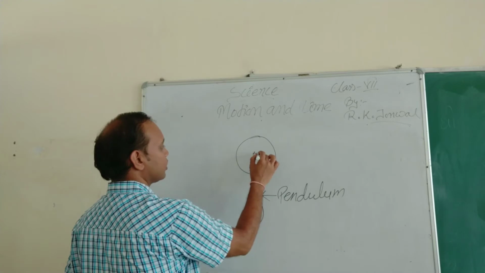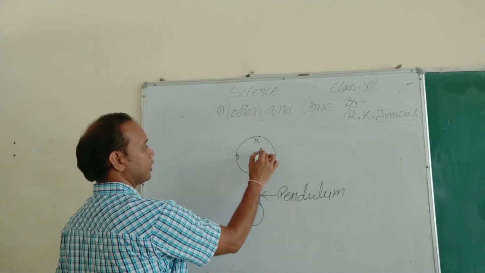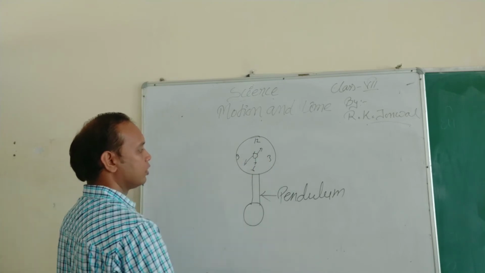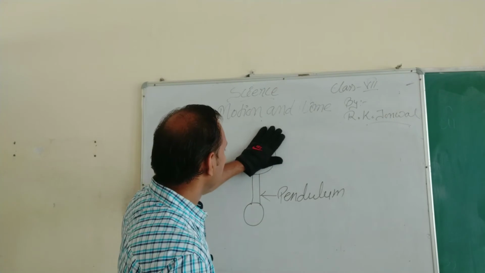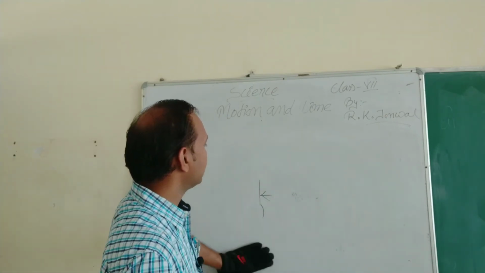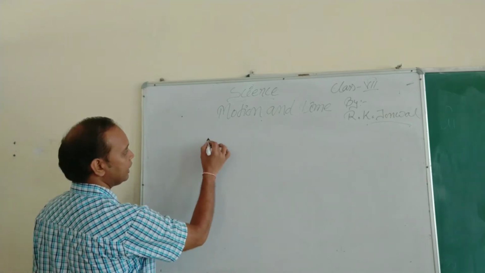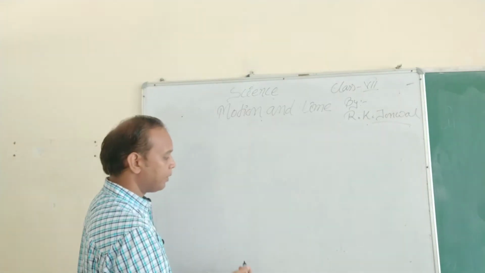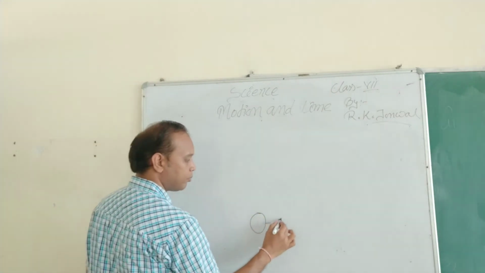That is the clock, 12, 3, 6, 9. So if we want to know about the pendulum, then we can say, if any one heavy mass, that is the heavy mass, that is called the bob.